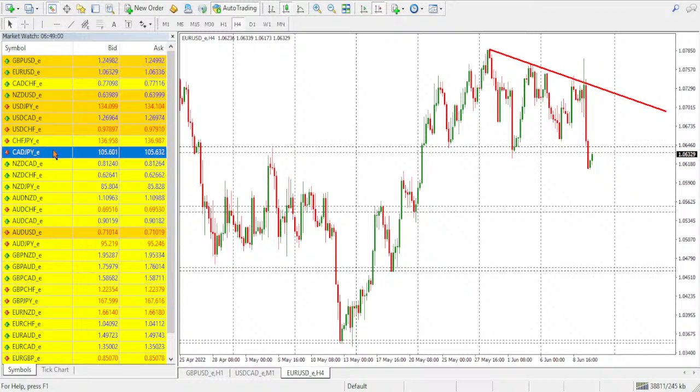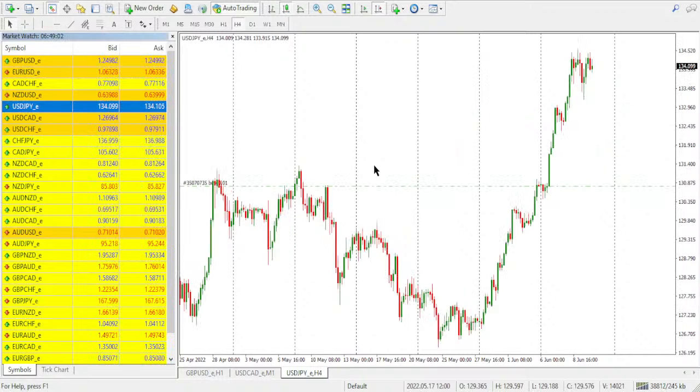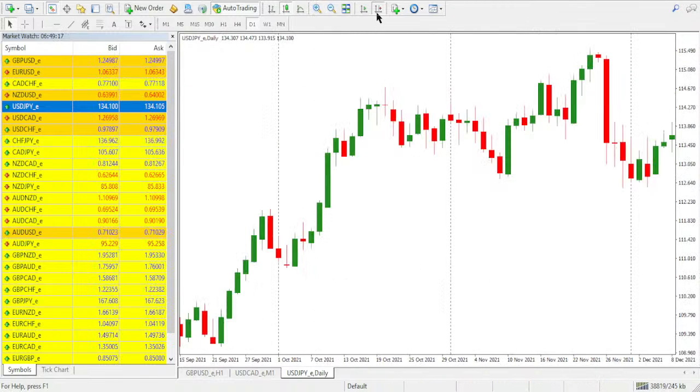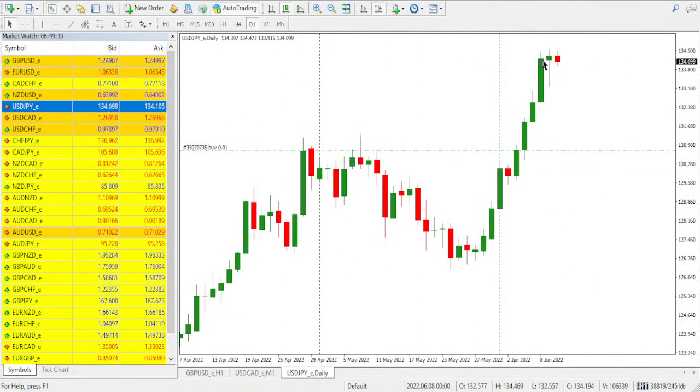The next instrument is the US dollar Japanese yen. This is bullish. We are in a very good uptrend. So the first thing I can see on this side is that the previous day's candle, which is this one, is a bullish pin bar candle.